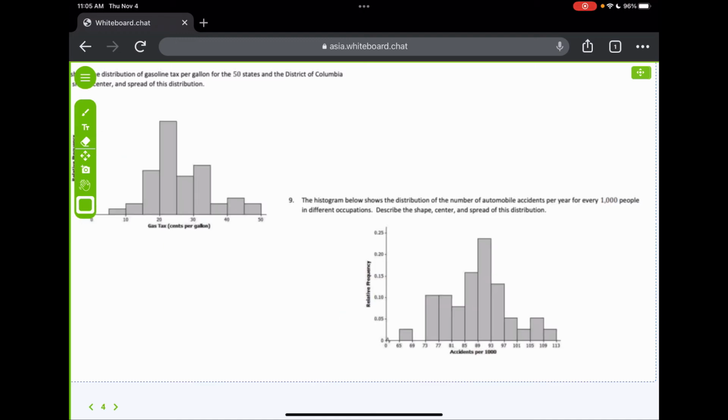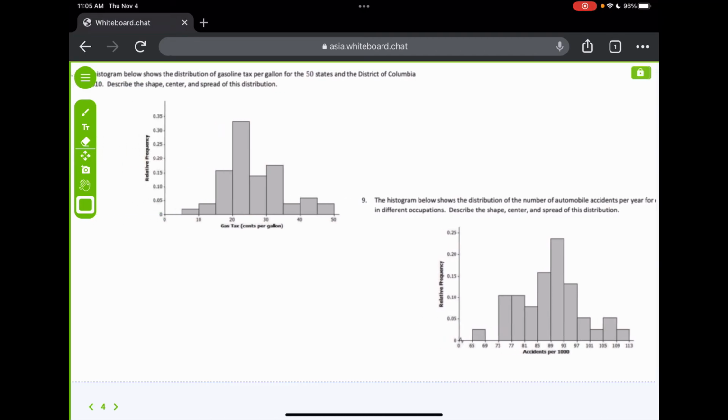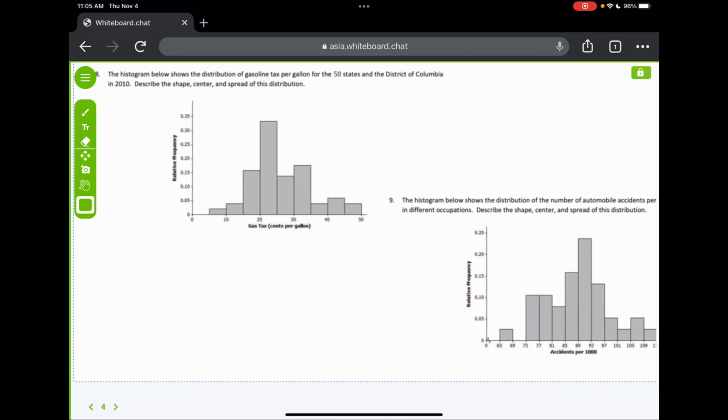Now, this says, the histogram below shows the distribution of gasoline tax per gallon for 50 states and the District of Columbia in 2010. Describe the shape, center, and spread. So center, we're really talking about the mean, right? So here, let's look at the shape.